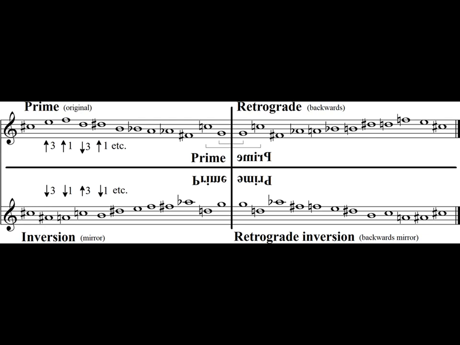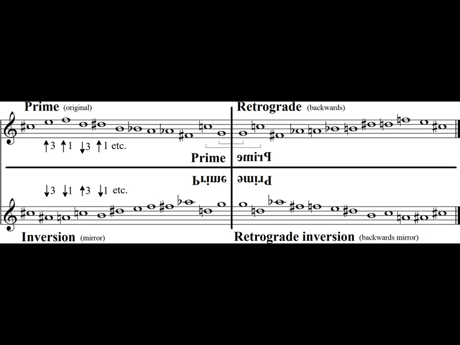So going back to the prime form of the row, or the original form of the row, another transformation that you can make is to invert it, create an inversion of the row. So if retrogrades involve a sort of vertical mirror, a reflection of the row from the back to the front, the inversion is like a mirror put underneath the row, so you get a mirror version of the row below.